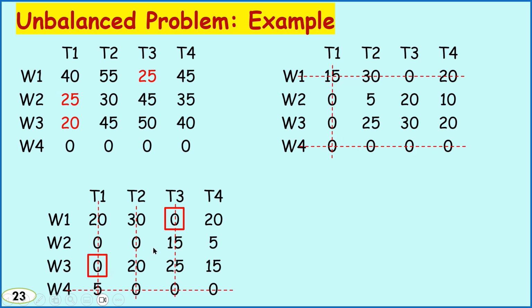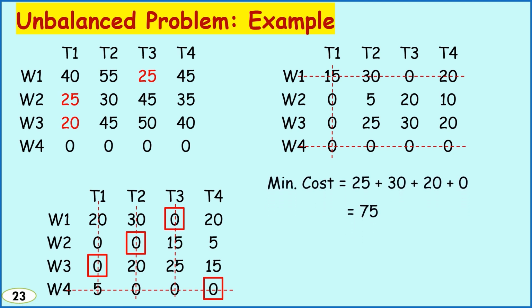Then you go to the fourth row, but there are 2 zeros, so we can't assign yet. So then you go to the second row, and there are 2 zeros, but one is already assigned, so we can assign task 2 to worker 2. Then finally the leftover zero will be assigned to task 4. Worker 4 will be assigned task 4.